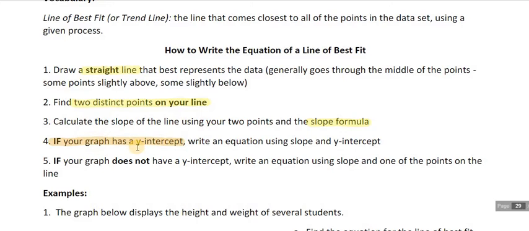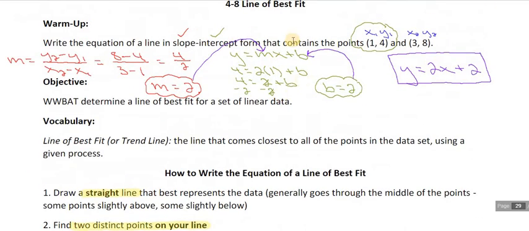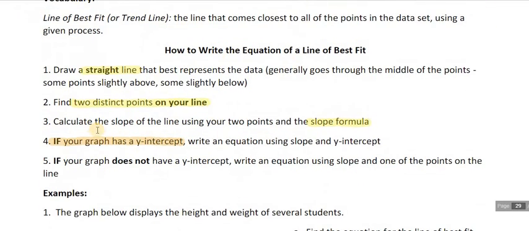However, if it doesn't have a y-intercept, we can either use point-slope form, or we can use slope and one of the ordered pairs to then solve for b, just like we did up here, to write our equation in slope-intercept form. Okay, so we might have some variance here with the last couple steps.